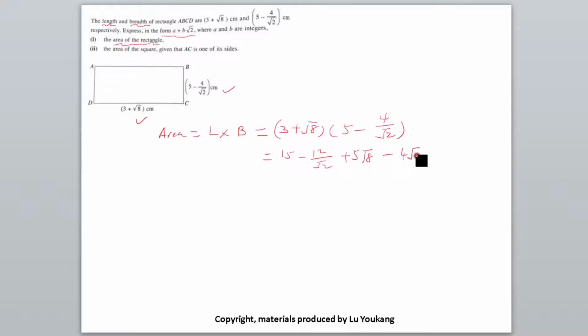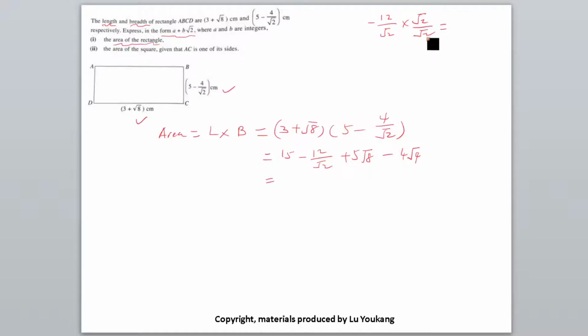Simply what I'm doing here is opening the brackets, and I have got 4 terms after opening the brackets. As you can see, I have to do something to the minus 12 over square root 2 term in order to achieve the form a plus b square root 2.